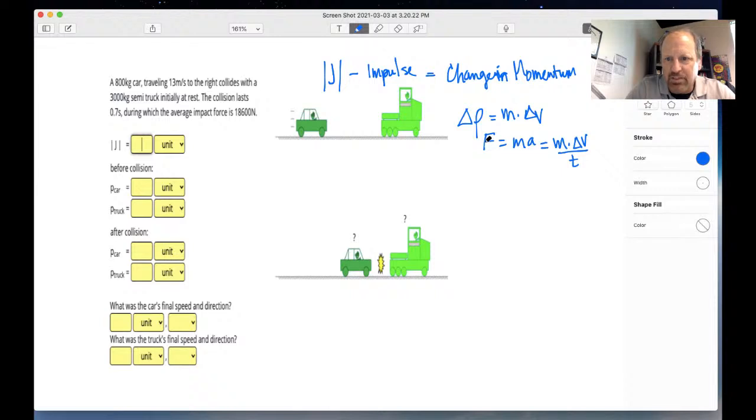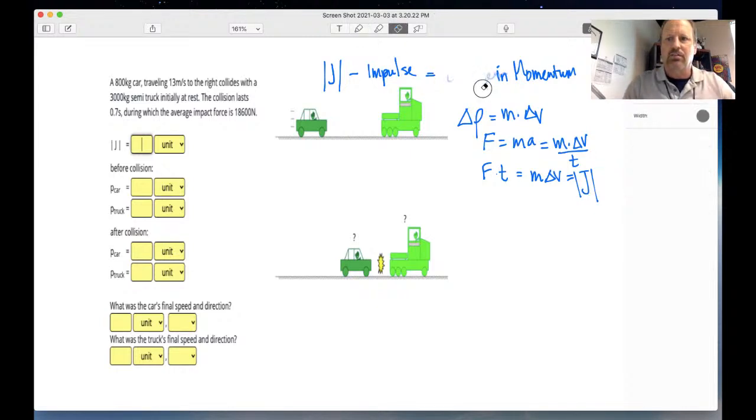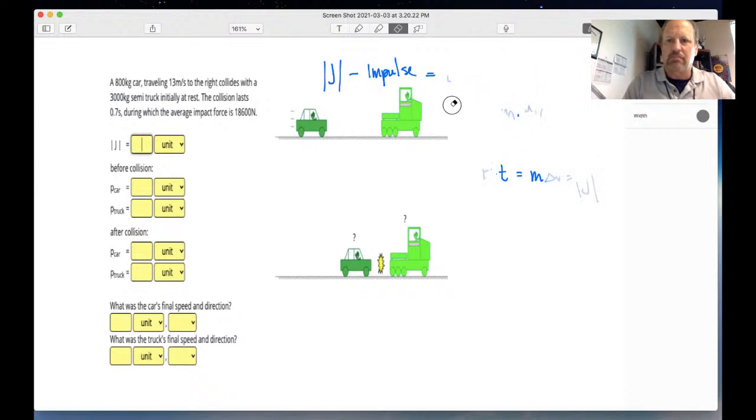So if we multiply both sides by time, then force times time equals mass times change in velocity, which is equal to impulse. Okay, so just so that's cool, everybody understands where impulse comes from, right? So we're going to consider all that the same. Okay, so impulse, oh, I erased part of my truck, but that's all right. You get the gist.